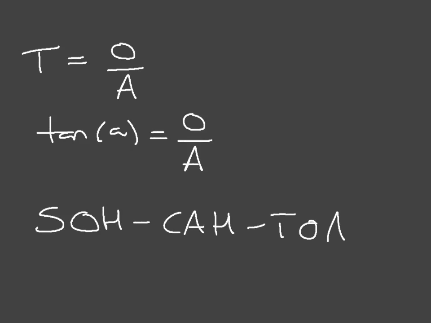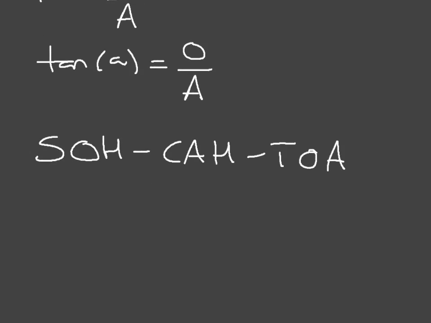So remember, SOH-CAH-TOA is telling us each of the following things. For any one angle A inside a right angled triangle, SOH is telling me that sine of A equals opposite over hypotenuse.